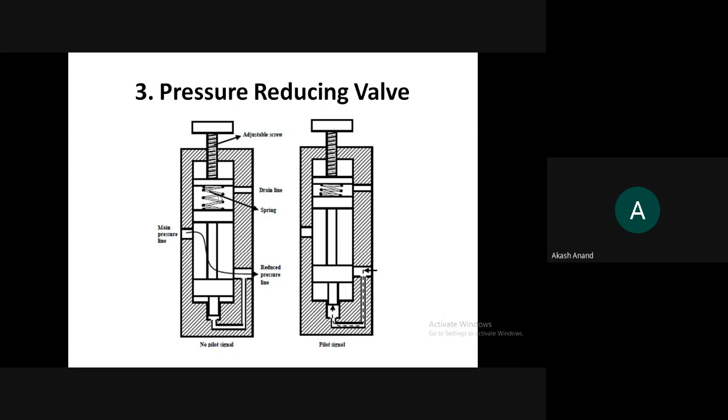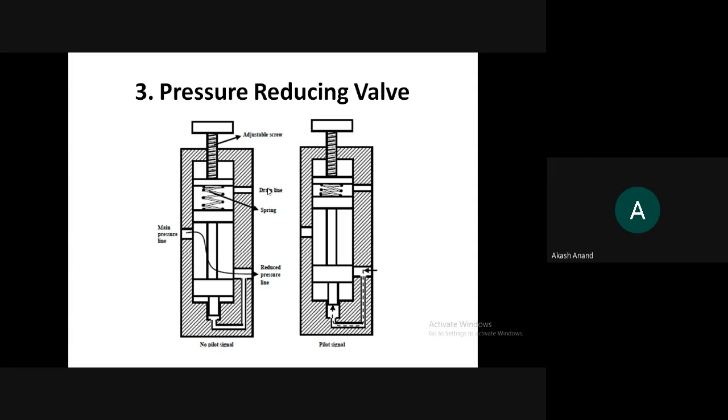With the help of this adjustable screw arrangement, you can use your logic to connect how this setup is working. Another important part is the main pressure line, another is the reduced pressure line, and another is the drain line. These are the important parts of a pressure reducing valve. You have to draw this type of diagram in your examination.